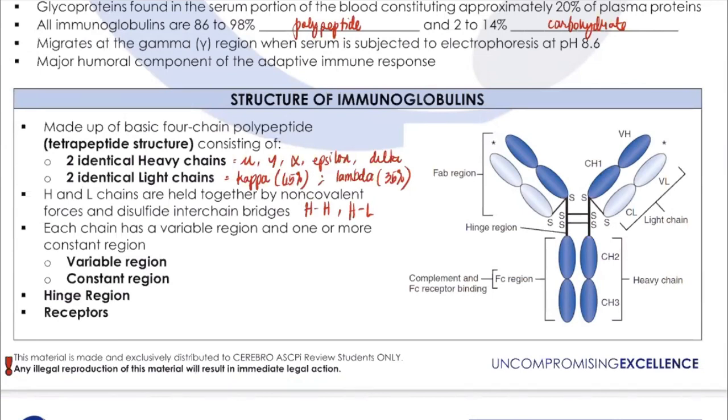Okay? Now, each chain has a variable region and 1 or more constant regions. This is the variable region. The variable region is basically the first 110 amino acids of both chains.